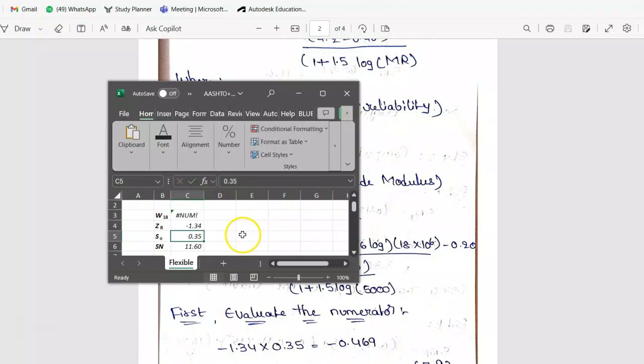By substituting this, we have the value of W18.